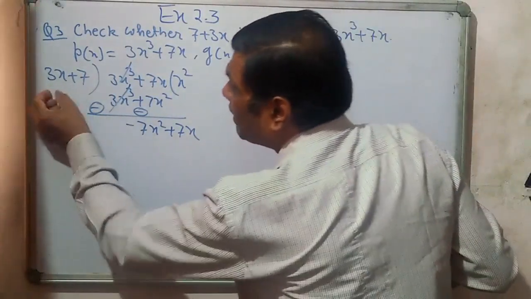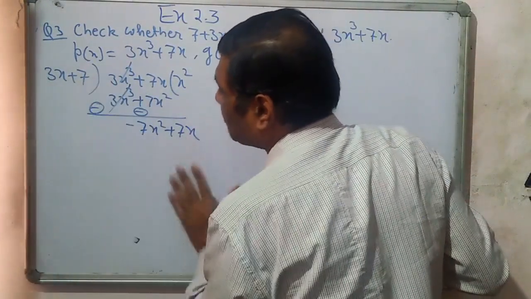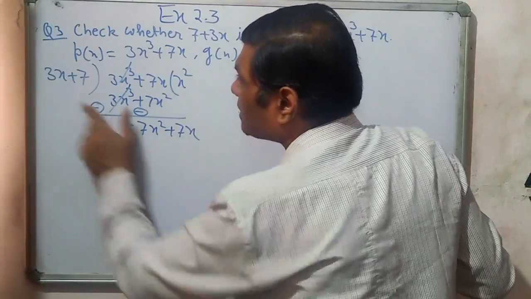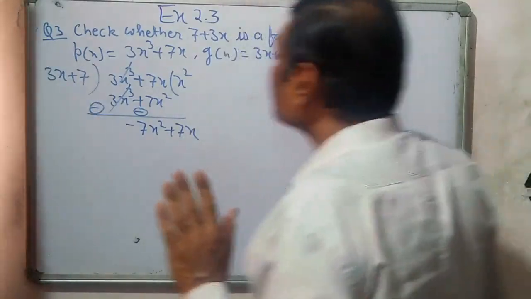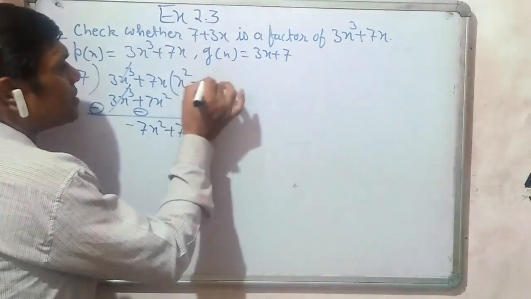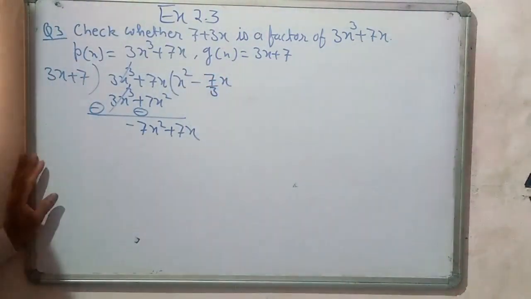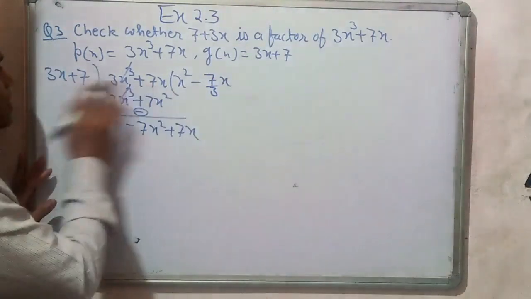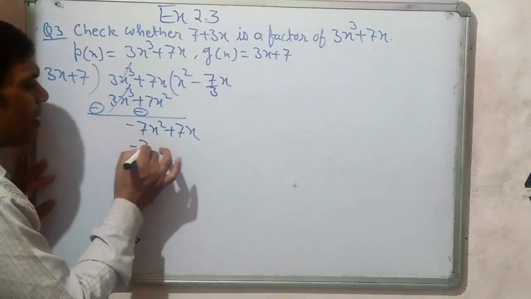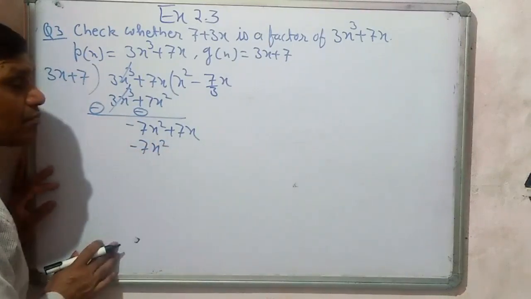Minus 7x square divided by 3x. X square upon x will give us x, and minus 7 upon 3 will remain as such. So we are getting minus 7 upon 3 x. Right? Now minus 7 upon 3 x into 3x will definitely give us minus 7x square.